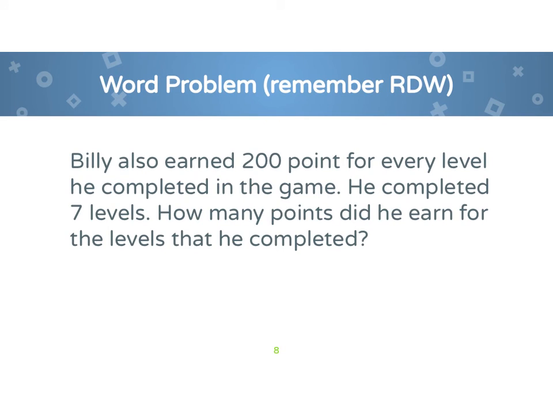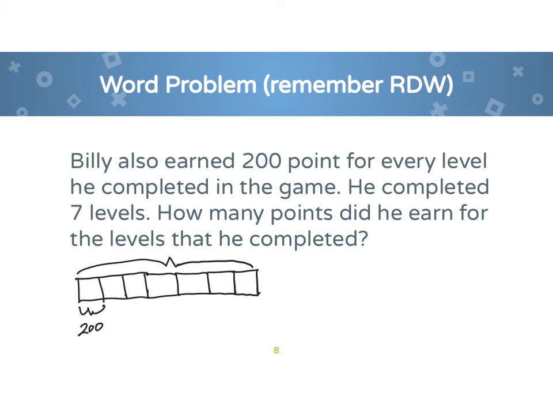Okay, so there's a second part to my word problem. It says that Billy also earned 200 points for every level he completed in the game. He completed 7 levels. How many points did he earn for the levels that he completed? So let me draw a tape diagram to represent that. So he completed 7 levels, 1, 2, 3, 4, 5, 6, 7. For every level he completed, he earned 200 points.